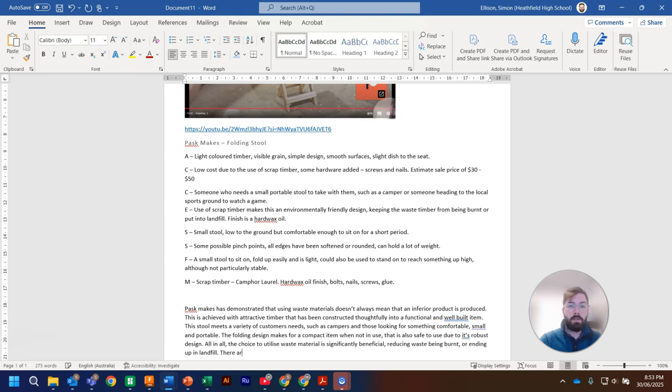There are, and this is going to be my linking statement now that I've elaborated on or given evidence for my elaborations, there are some great ideals here that I'd like probably to include in my own design.